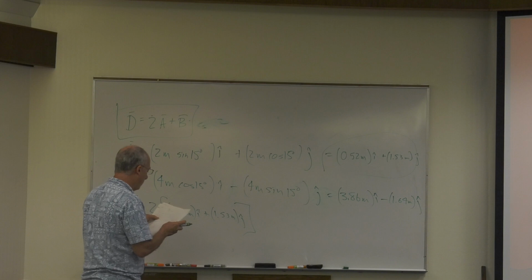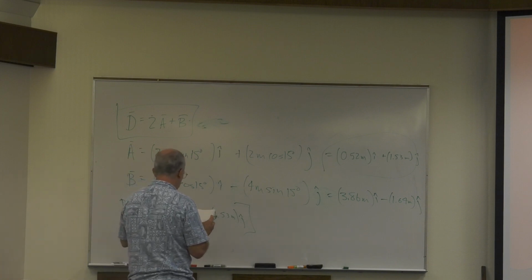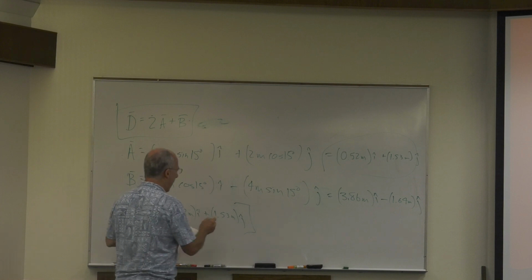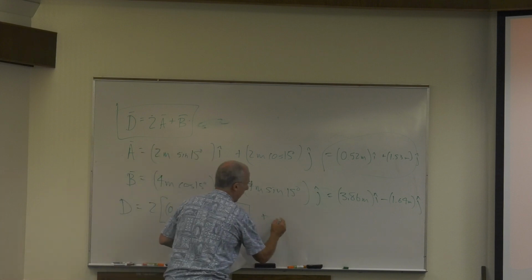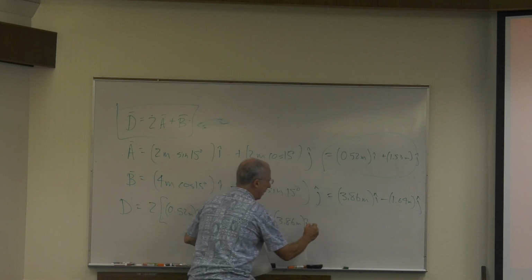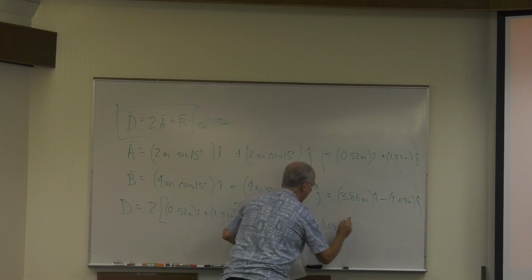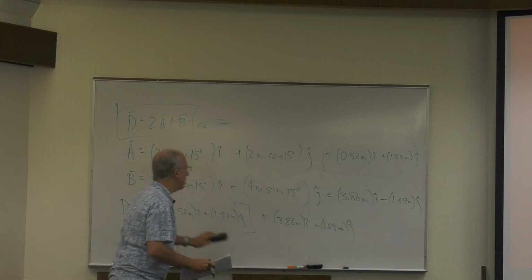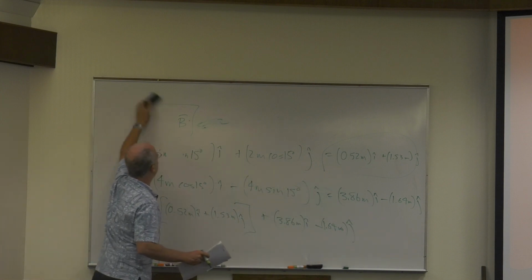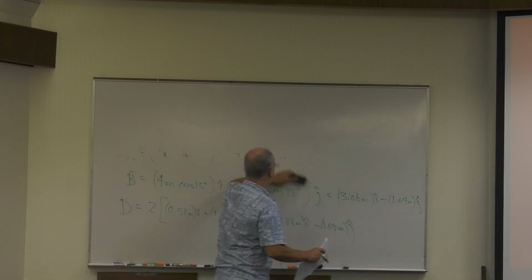And then we want to add the B: 3.86 meters in the i minus 1.64 meters in the j. Now, just like we did before, you add your i's and you add your j's. So let's do it.